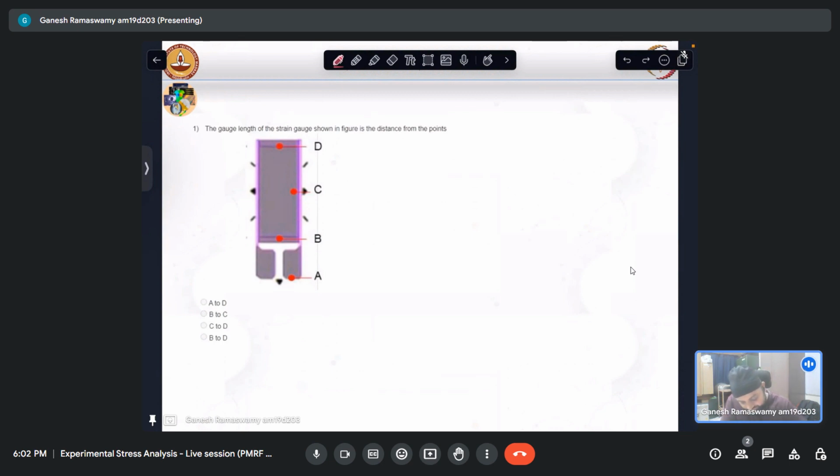So before that, I'll just quickly show how a strain gauge is basically constructed. Now, if we see, there is a soldering tab like that. Towards the end there is a bulbous region where we generally solder it, and then we'll have the same at the other end as well.